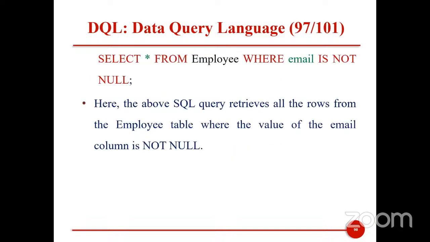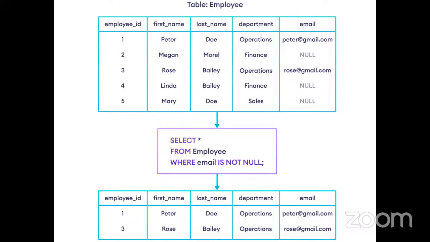The simplest example is here: select all from employees where the email address is not null, which means that it will select all the records, but it will pick only those employees whose email addresses are in the system. That's why you'll find that Peter's email address is there and Rose's email address is there. That's why it has decided to pick them.